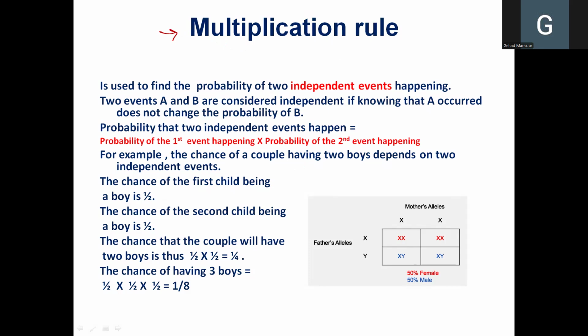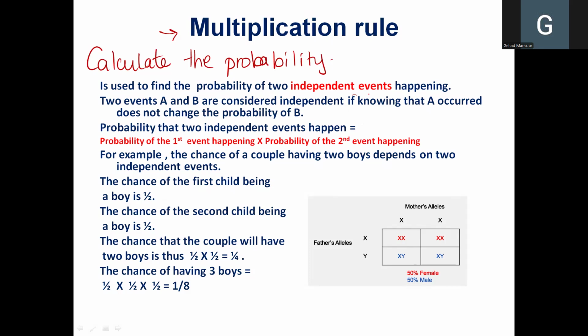The multiplication rule and the addition rule are 2 rules that help you calculate the predicted probability. But of course, the numerical value you get for the probability will not be certain. This doesn't mean that this will always occur, but it gives you the average outcome.